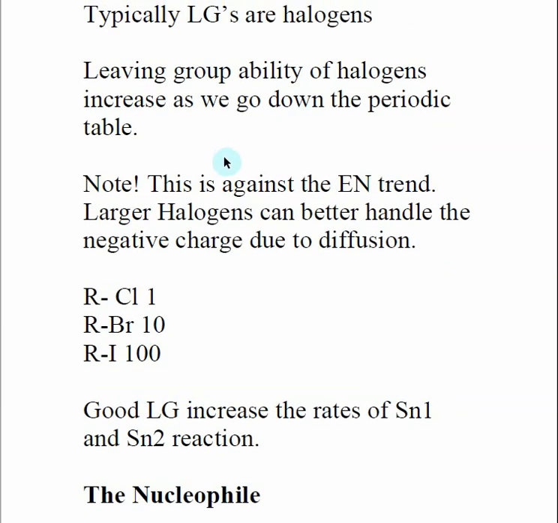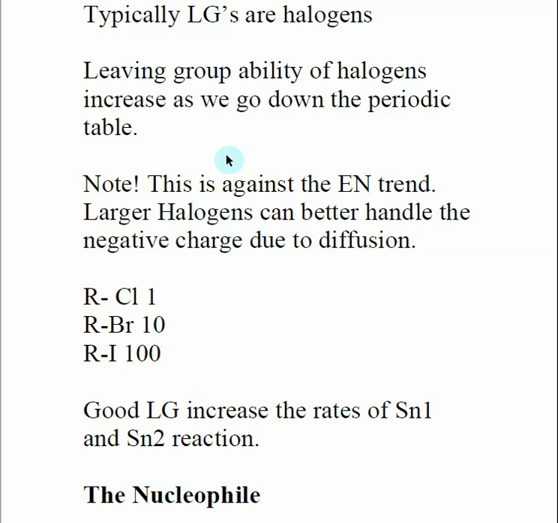And this is where it gets a little tricky: halogens are electronegative. And remember, our trend for electronegativity is that as we go up and to the right, things get more electronegative. So if electronegativity was the only deciding factor in the stability of the negative charge, you would expect fluorine to be the best leaving group and iodine to be the worst. Actually, there's more to this story.